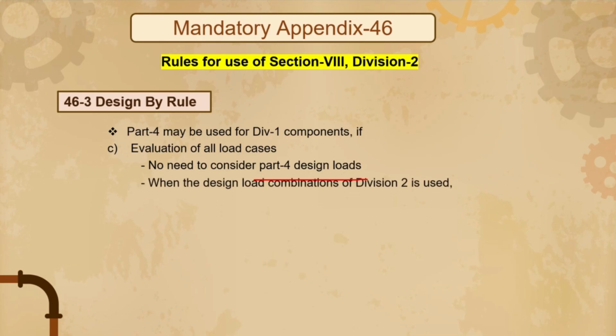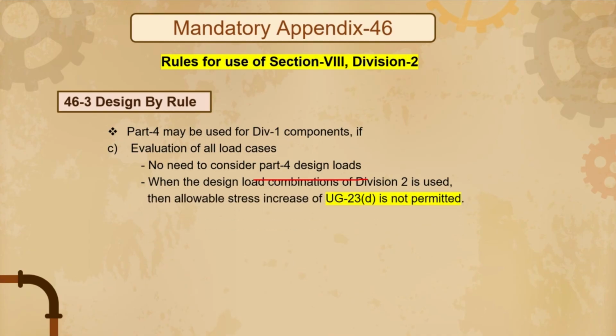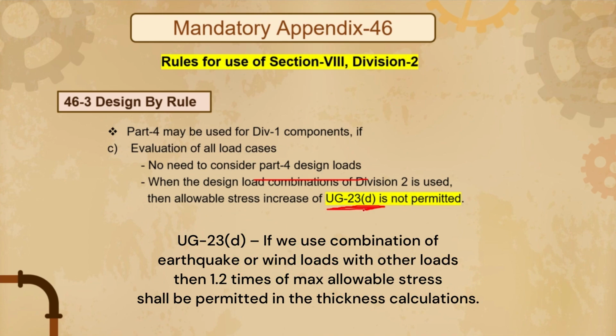And one more point given: when the design load combinations of Division 2 are used, then the allowable stress increase of UG23(d) is not permitted. So what exactly is UG23 saying? If we use a combination of earthquake or wind loads with other loads, like dead loads or any other loads, then 1.2 times the maximum allowable stress shall be permitted in the thickness calculations.